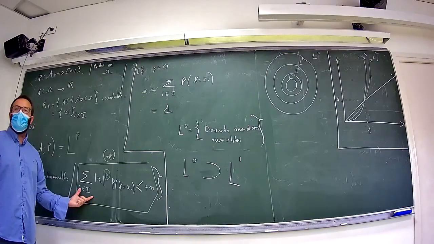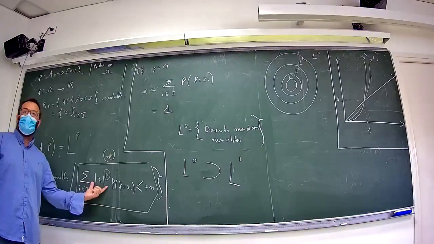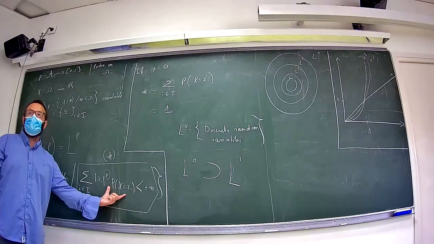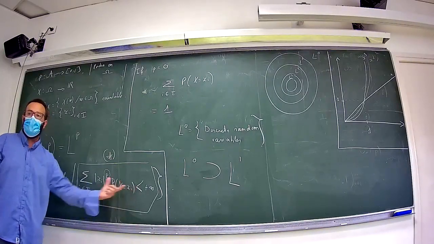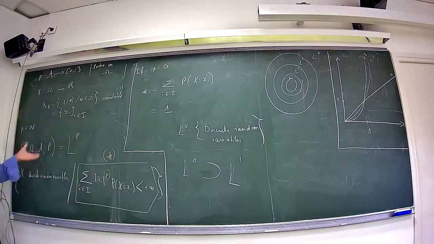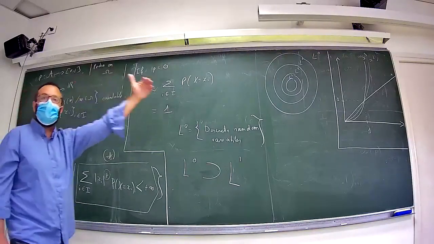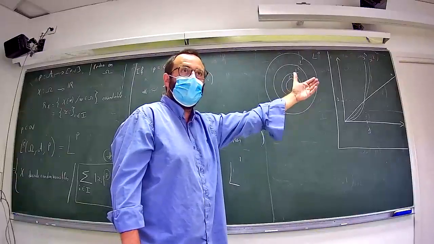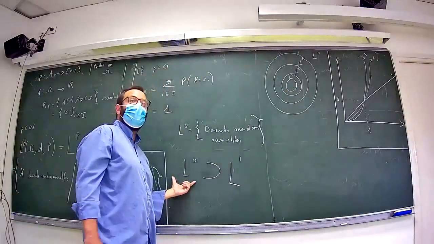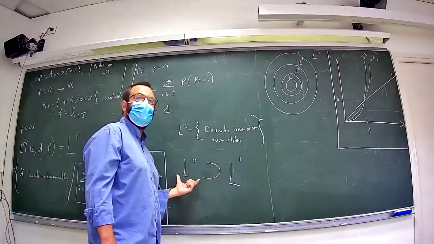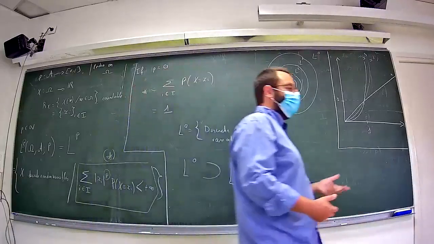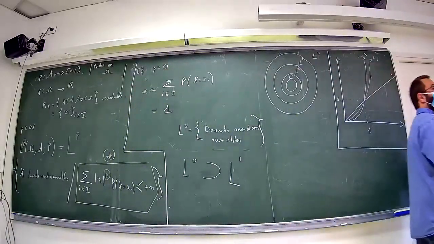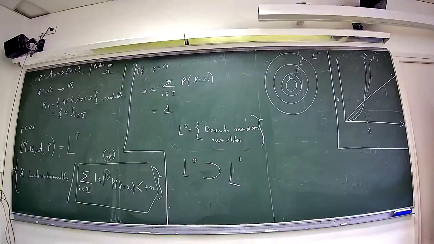If I take p equal to 1, it implies that the sum of the absolute value of xi multiplied by the probability that X is equal to xi is finite. So I have, okay, L1 is a set of discrete random variables fulfilling one particular condition. Okay? L0 is the set of all of them, all the discrete random variables. So if I am a discrete random variable that fulfills a particular condition, I am included in the set of all of them.